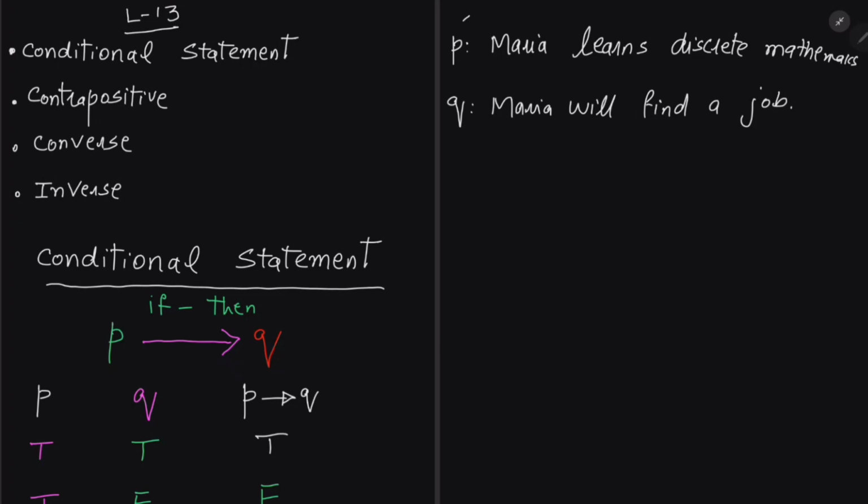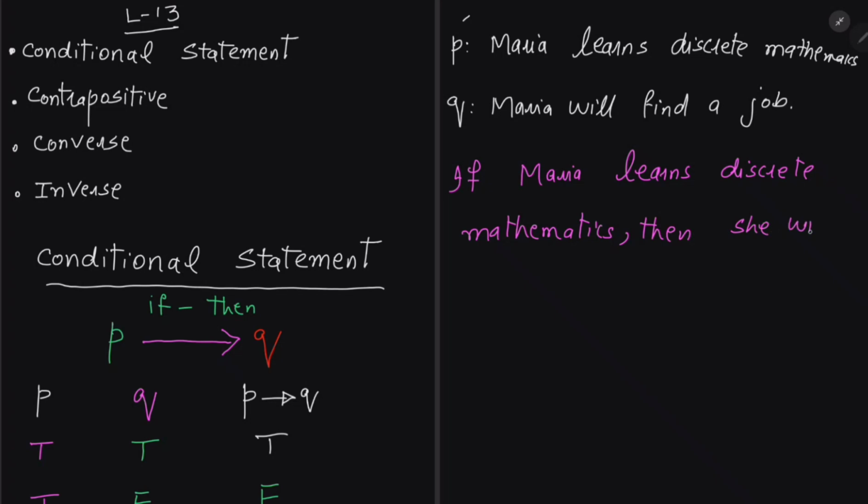Okay. So we can write, for example, if Maria learns discrete mathematics, then Maria will, or she will get a job.